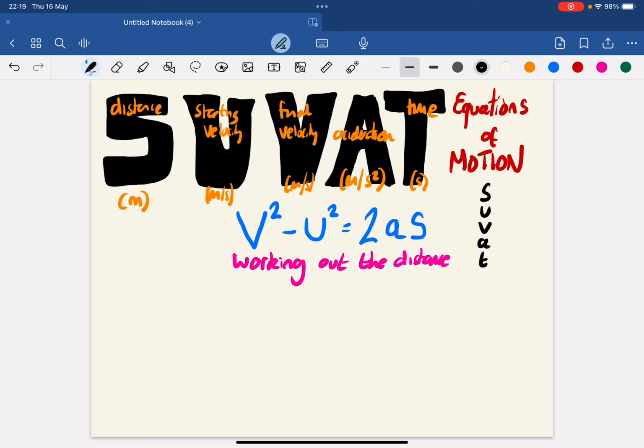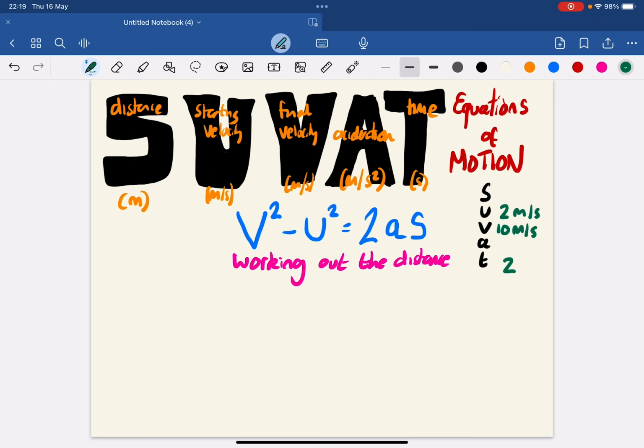So let's say the information that we have been given is that our initial velocity is 2 meters per second, the final velocity of the object is 10 meters per second, and the time taken for all of that is 2 seconds.